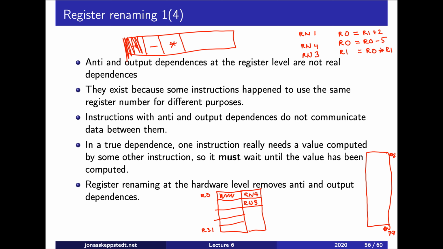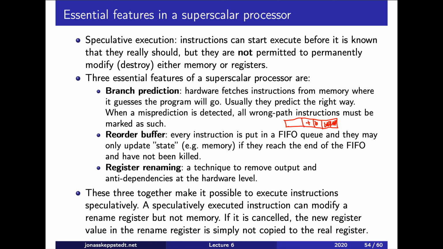Okay, so that was most of what is needed to understand how modern processors work with these three: branch prediction, fetch instructions from the guessed address, put all instructions in order into this reorder buffer so that we can know which ones to throw away and which one is the oldest still in the pipeline, so that one is allowed to update the real registers.